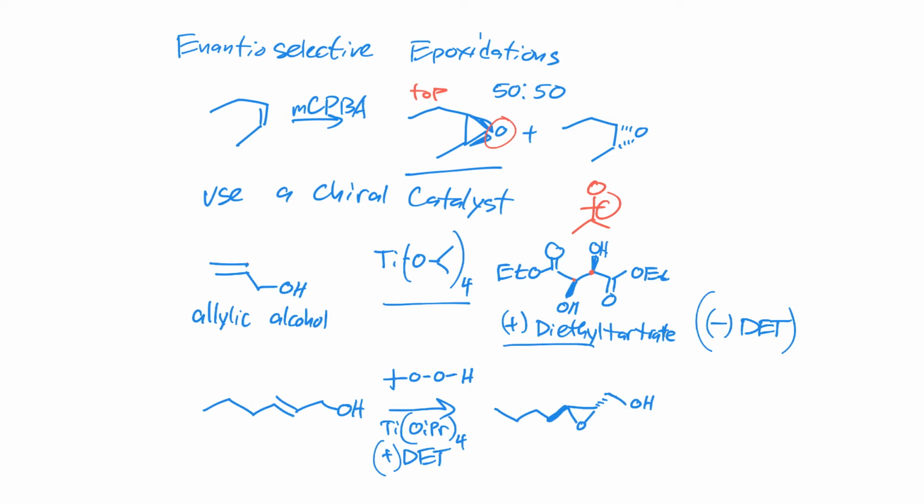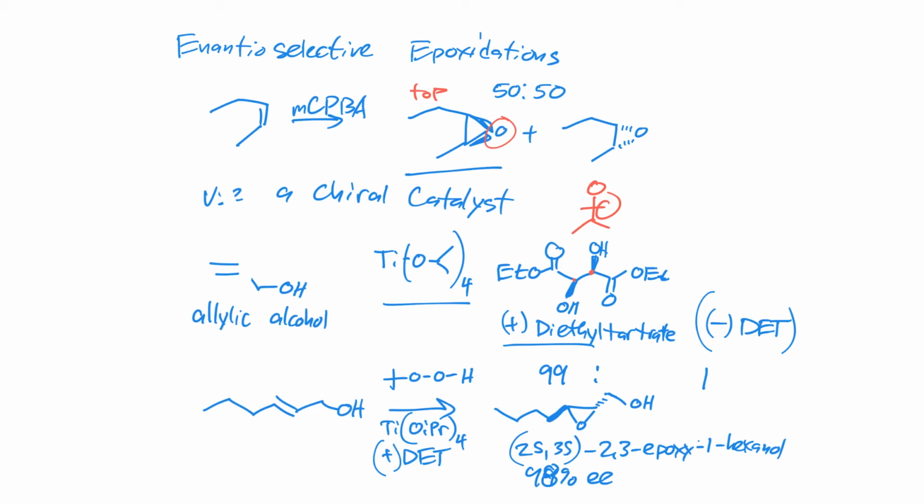That enantiomer. And this would be 2S, 3S, 2,3-epoxy-1-hexanol. And we get this in 98% EE, which means we have 99% of this enantiomer and 1% of the other enantiomer, which I'm not going to draw. So we get very high EE in this case.